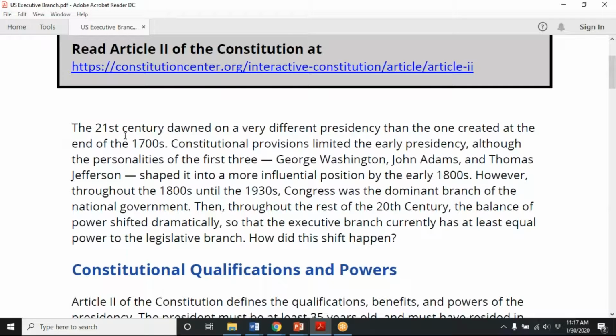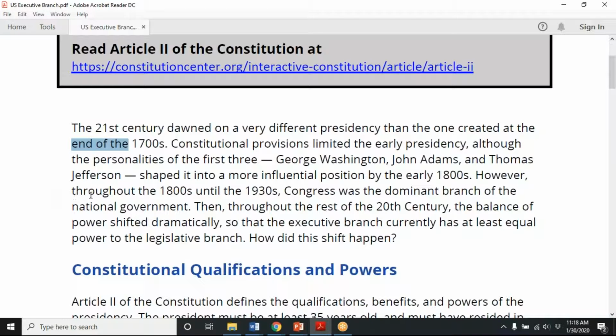So I'll read the introduction, and then we can take turns going here. It says the 21st century dawned on a very different presidency than the one created at the end of the 1700s. Constitutional provisions limited the early presidency, although the personalities of the first three, George Washington, John Adams, and Thomas Jefferson, shaped it into a more influential position by the early 1800s.